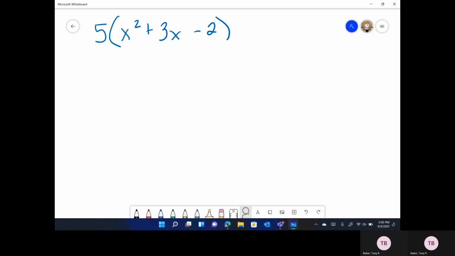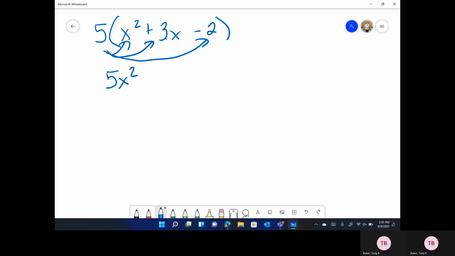Whenever you have a number that's out in front of the parentheses, that's what's known as distributing. So we're going to take this number out here, 5, and we're going to distribute it to the numbers on the inside. If there's no number next to the letter, it's assumed to be a 1. So I have 5 times 1 is 5, and then I just put the x squared.